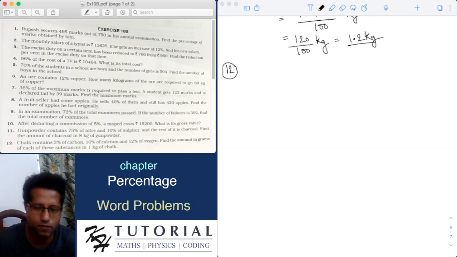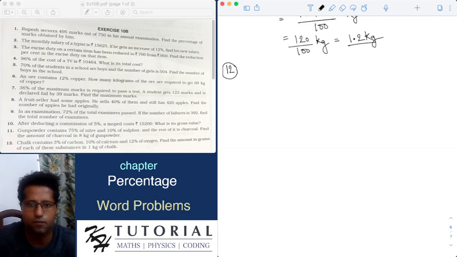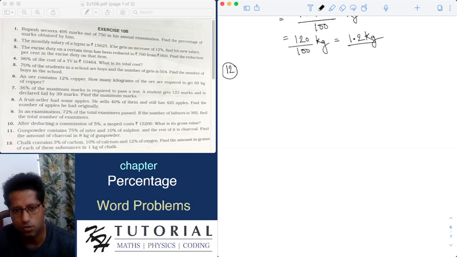Okay. So it's a straightforward question. It has given the percentages of carbon, calcium and oxygen in chalk. So what will be the actual amount of these ingredients, that is carbon, calcium and oxygen, in a specific amount of chalk, that is 1 kg of chalk.